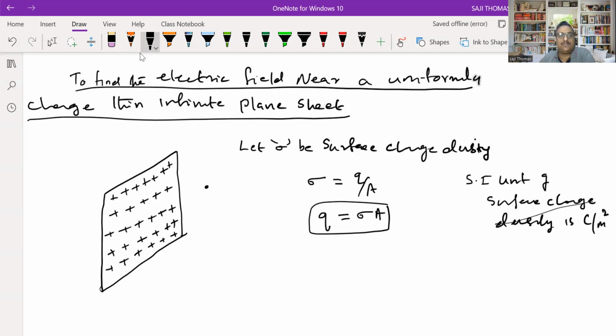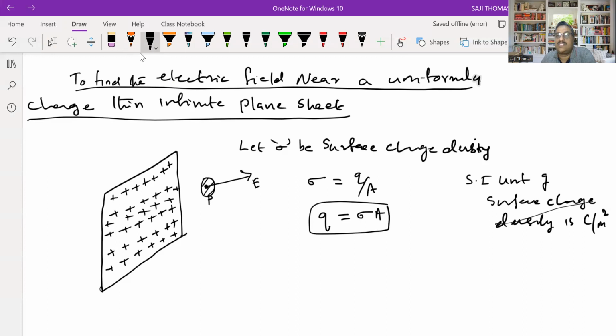This point is P. Consider a small area dS around the point P. Since the charge is positive, the electric field due to the charge is directed away from the positive charge. This is the direction of the electric field.